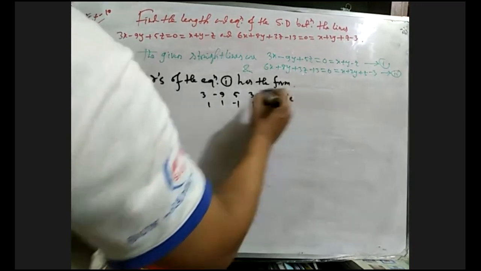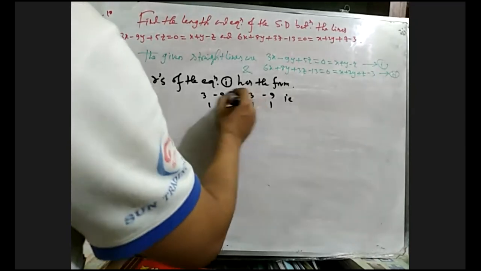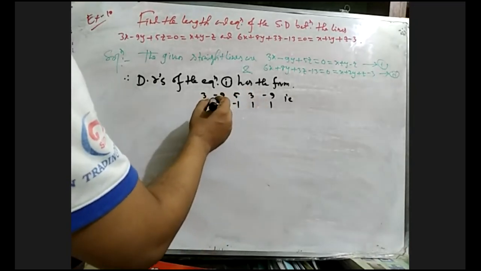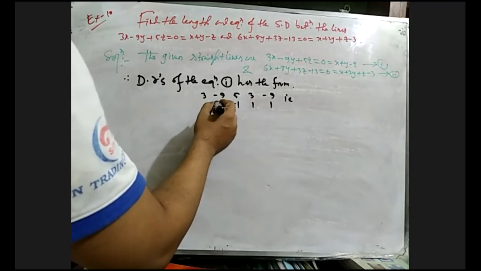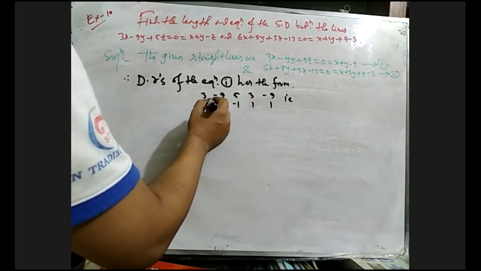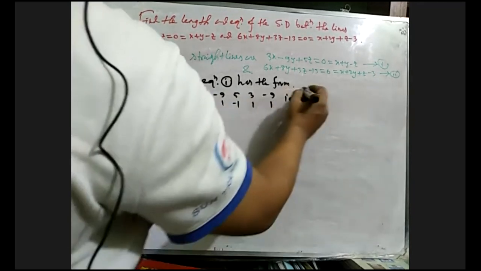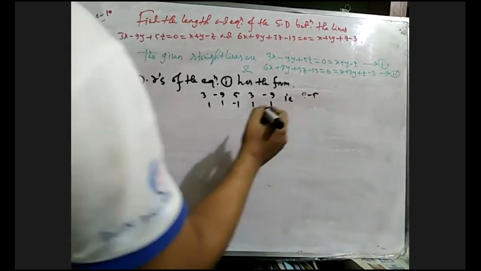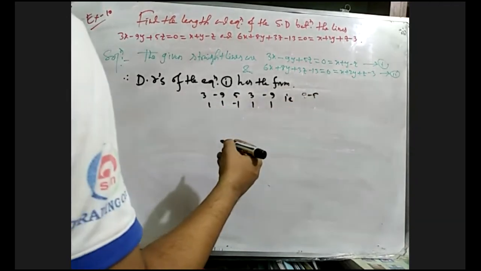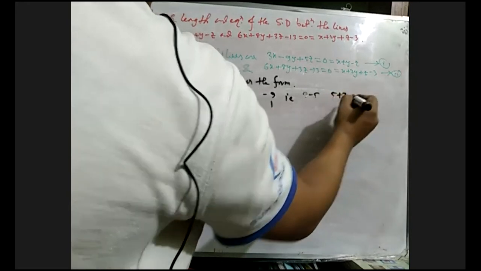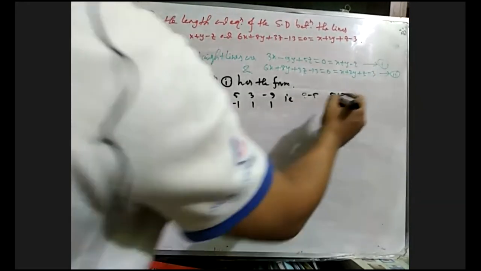That is, we can write this as a difference: 9 minus 5, 5 plus 3, 3 plus 9.